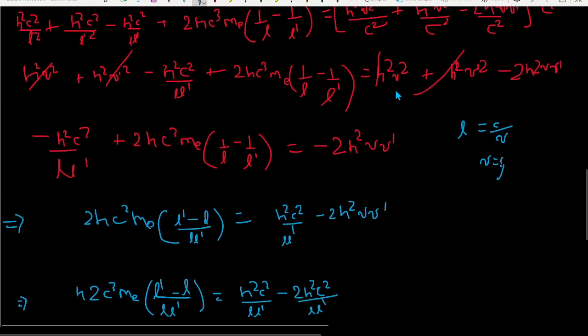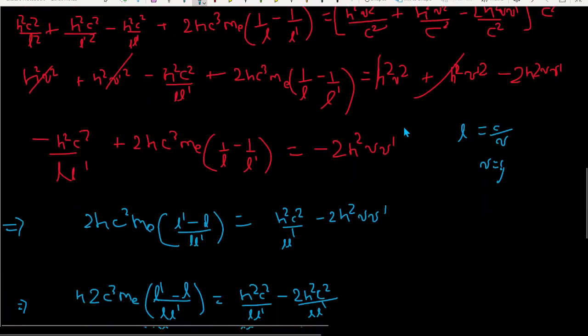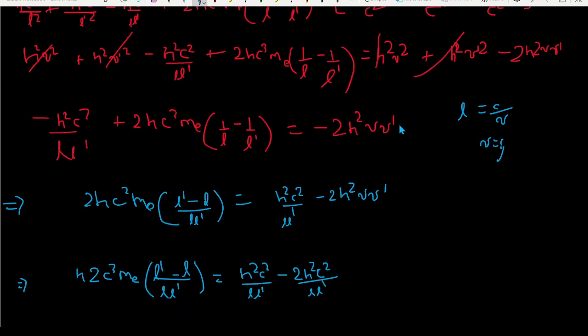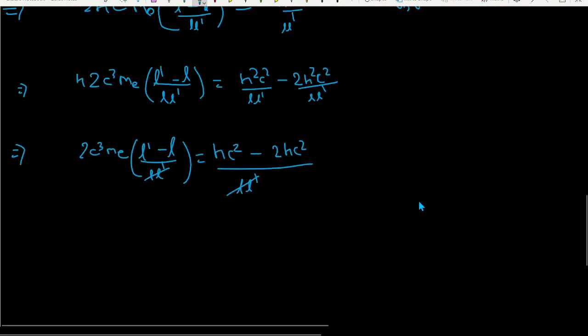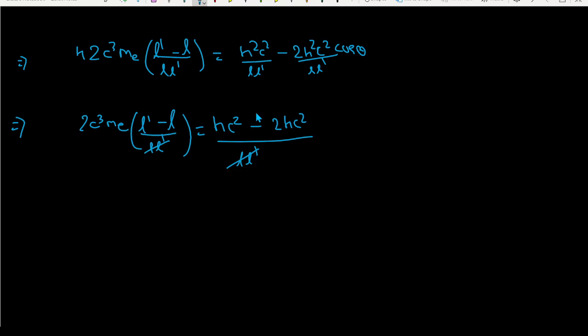I haven't written the cos theta term here. But no problem, put it here, cos theta, cos theta, cos theta. Here it is also cos theta. So here is also cos theta.